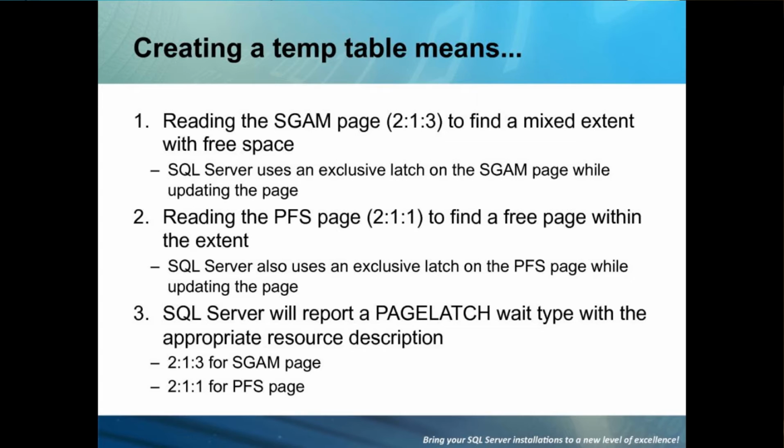An extent in SQL Server is just 8 contiguous pages of 8 kilobytes, so an extent is always 64K large. SQL Server also has to read the so-called PFS page, page free space page, and when those pages are currently latched by another concurrent query, SQL Server will report a so-called page latch wait time.